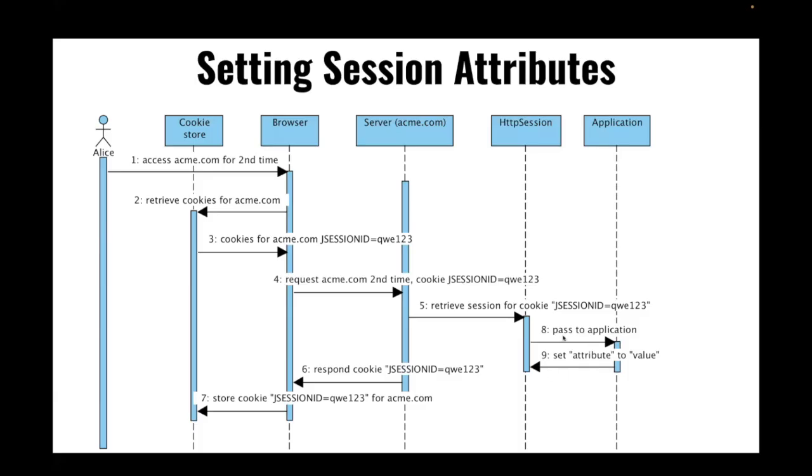you can update the data in there, and the cookie goes back to the browser to make sure that it's stored. Also, it might update the date when it was last accessed, so they can keep track of how recent the cookie is.